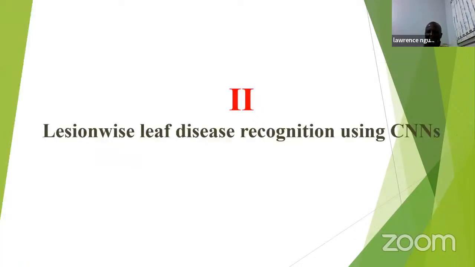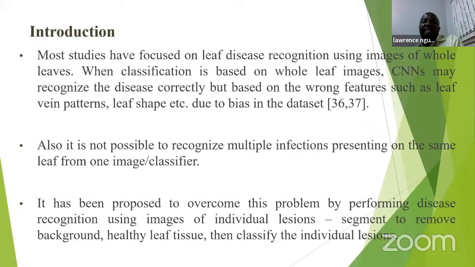Next, we went a step further and looked into the actual leaf itself and considered isolating the individual lesions from the infected leaf and then classifying these lesions individually. Most studies up to that point had focused on leaf disease recognition using images of whole leaves.